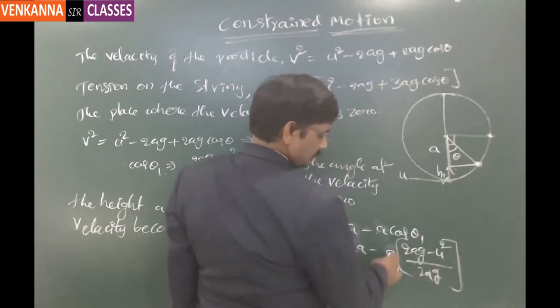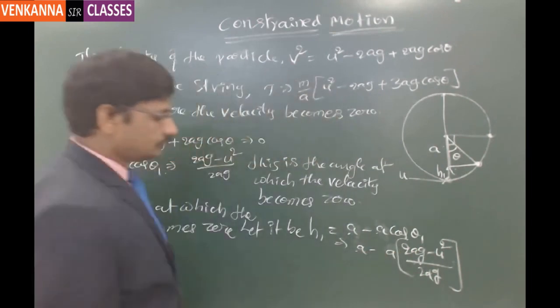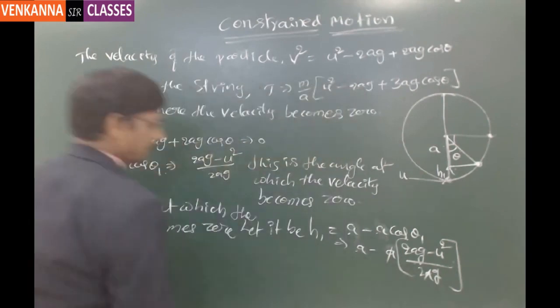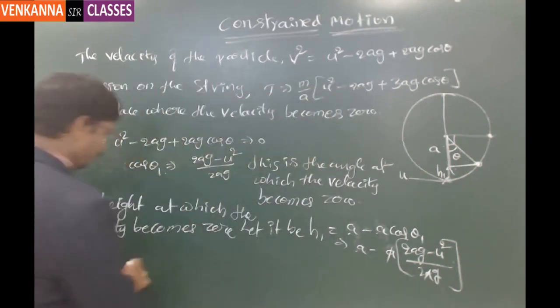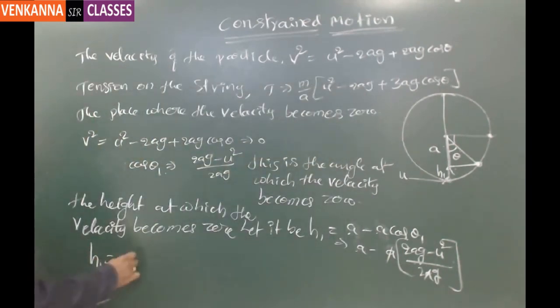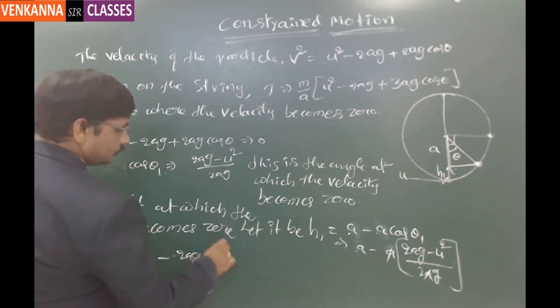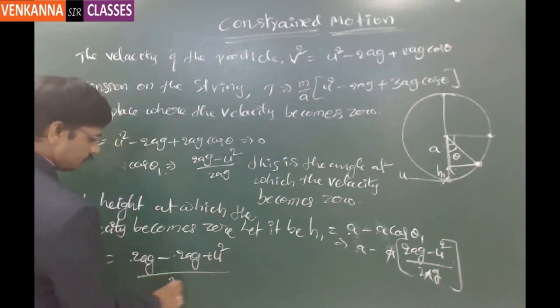This a will cancel out, and then h1 can be calculated as h1 is equal to 2ag minus 2ag plus u square divided by 2g.